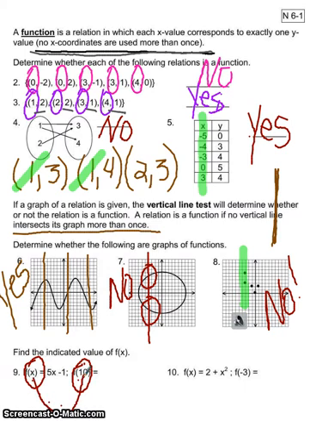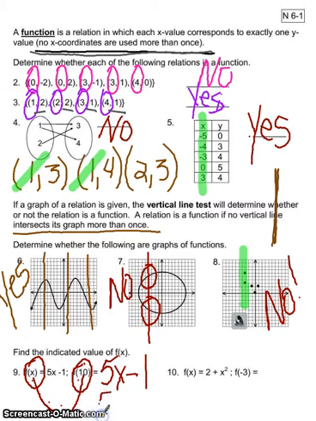So when I plug that in, I'm going to have 5x minus 1. And I'm going to substitute my value of x.